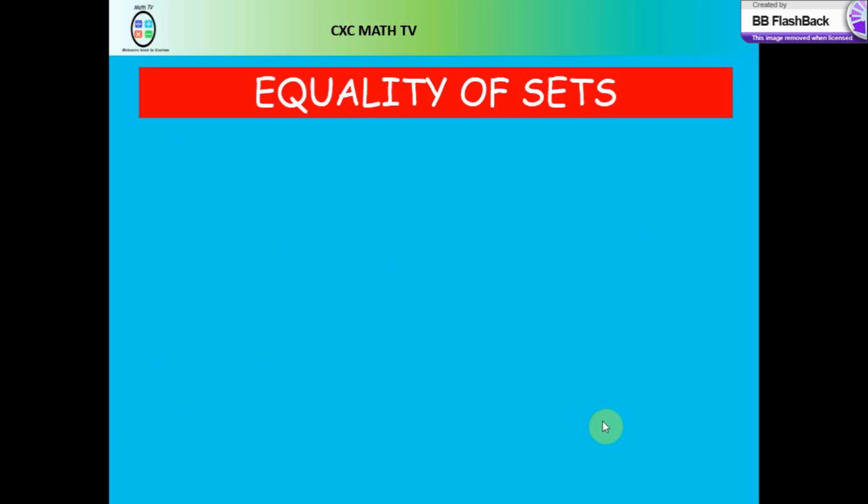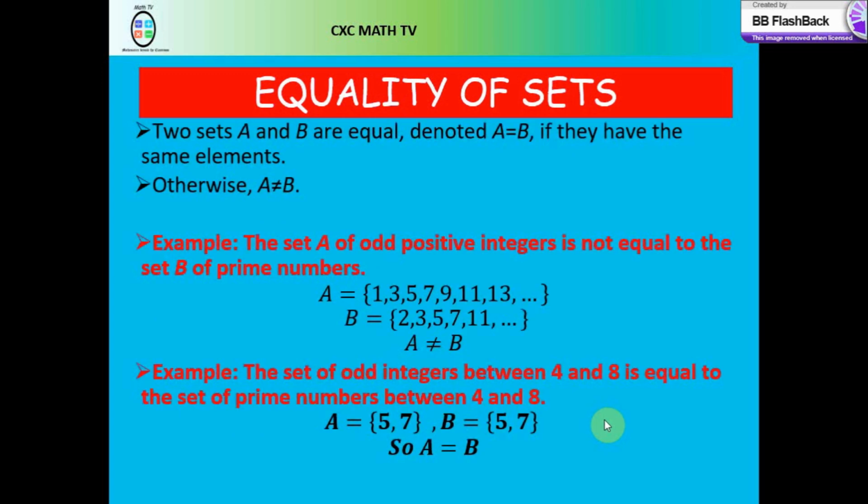Next thing to talk about is equality of sets. Two sets are said to be equal if they have the same elements. Always remember, two sets are equal only if they have the same elements. So for example, look at this. Set A is a set of odd integers and set B is a set of prime numbers.